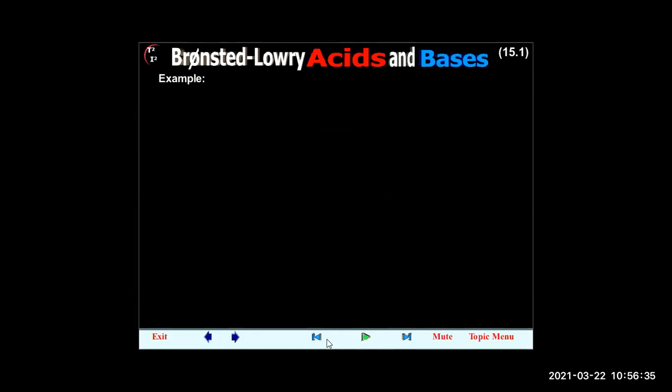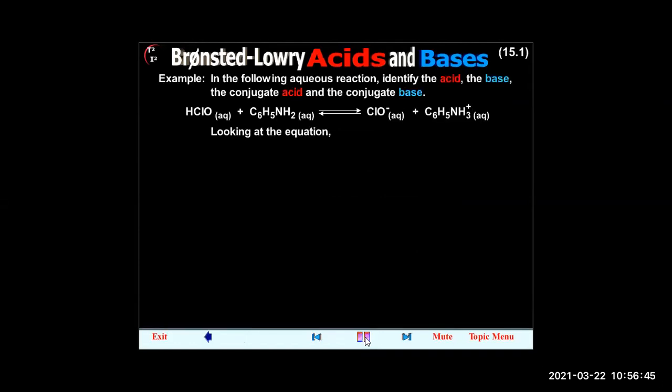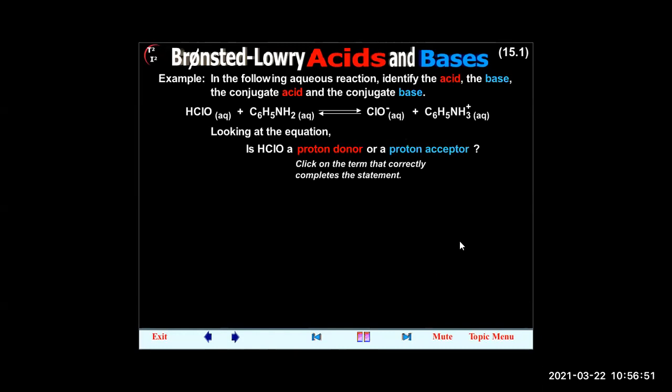Example: in the following aqueous reaction, identify the acid, the base, the conjugate acid, and the conjugate base. Looking at the equation, is HClO a proton donor or a proton acceptor? All right, that's the question for you.